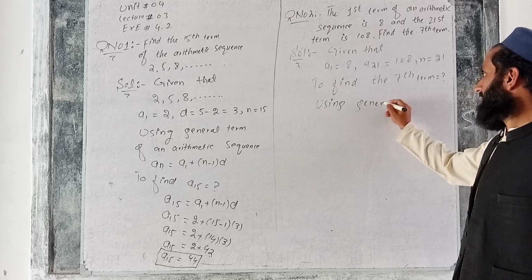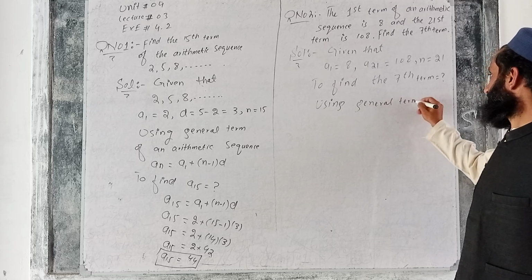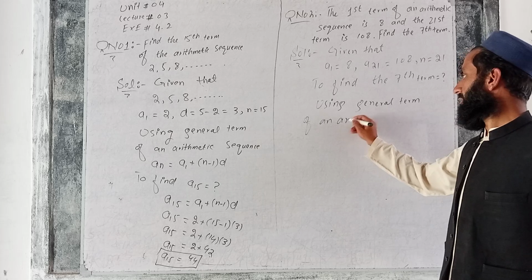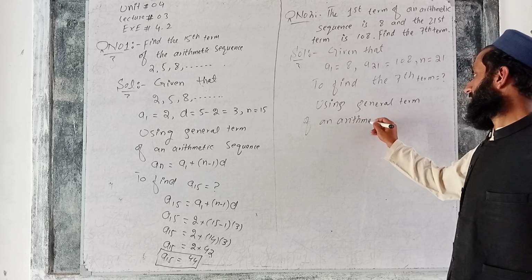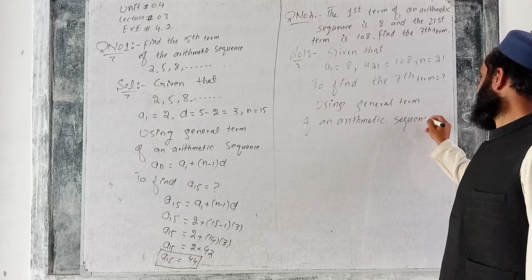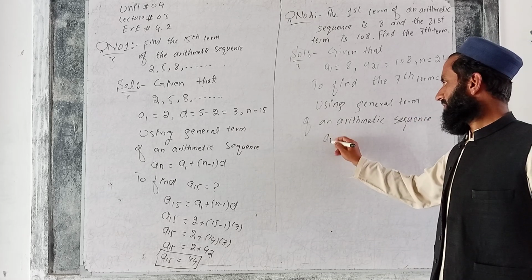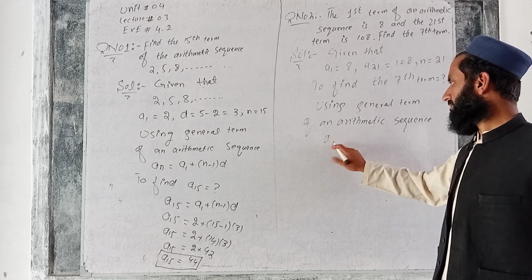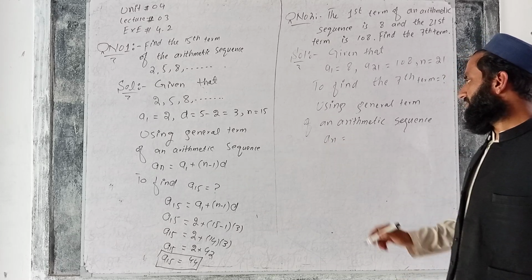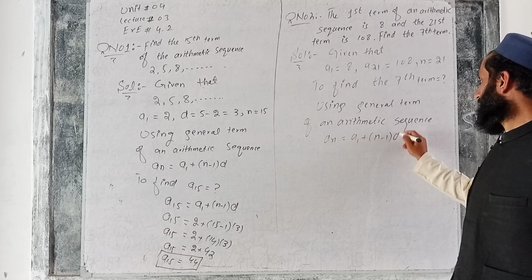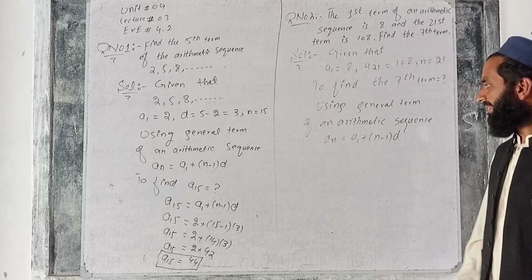The general term of an arithmetic sequence: an is equal to a1 plus n minus 1 into d.